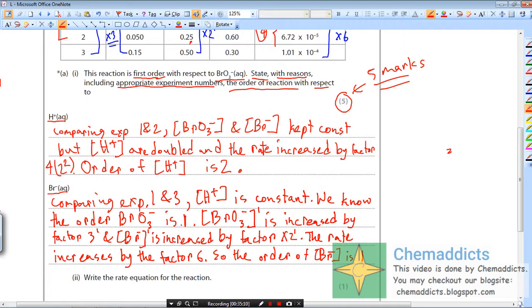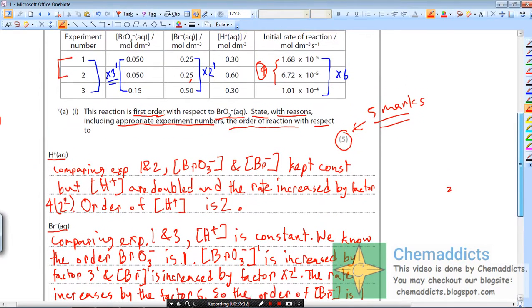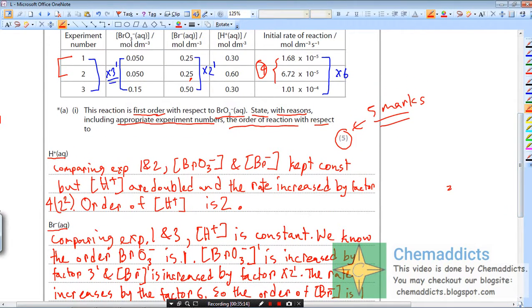Comparing experiment 1 and 3, here the H plus ion is kept constant, as we can see. The concentration of H plus ion is kept constant. We know that the order of bromate 5 is 1.